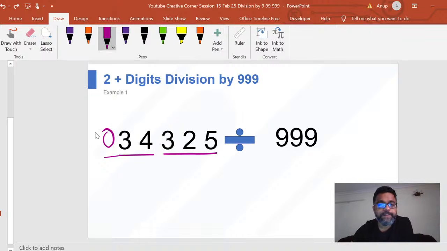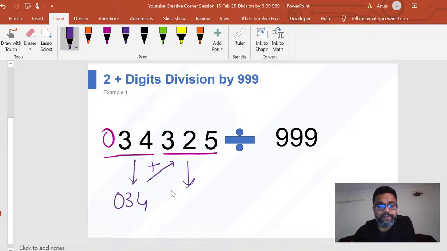All right. Okay, so now you bring 34 down, right? That's what you do, 0, 3, 4, right? And then you will add it to 325. So what will come when you add it to 325? You will get a 3, 5, 9, right? 0, 3, 4, you bring it down and then you add 325 to 34, which is a 3, 5, 9.